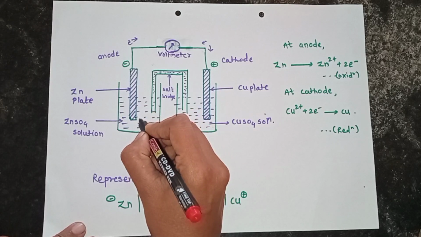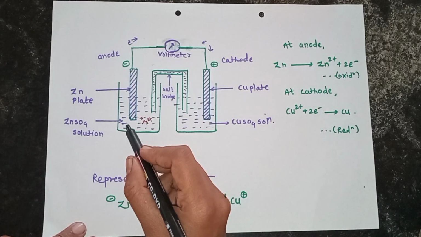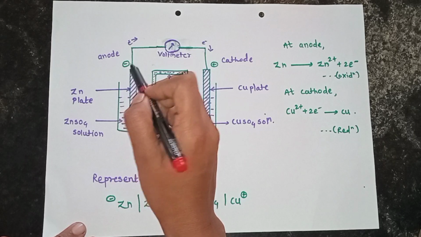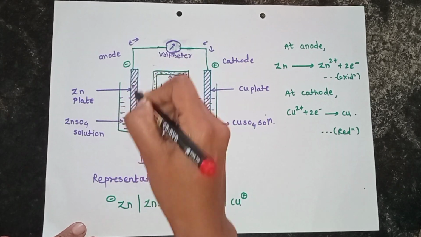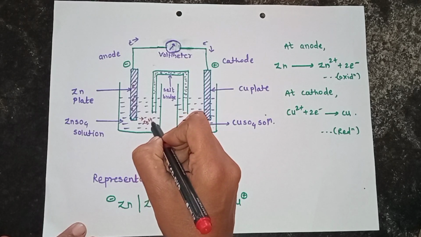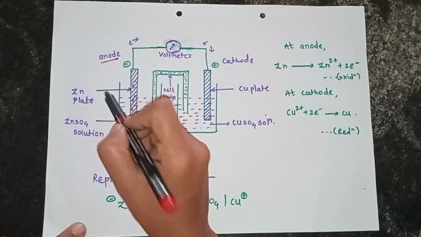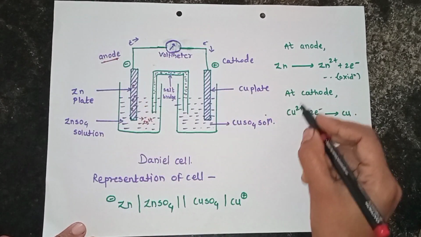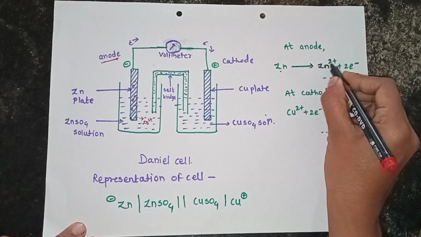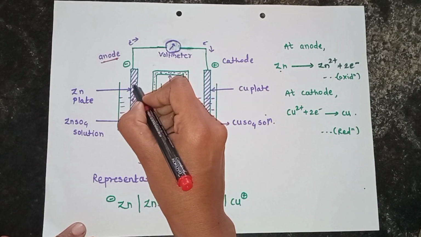Zinc produces its ions in the solution and acts as an anode, because the electrons are left on the plate and ions are produced in the solution. The reaction at the anode is that zinc produces Zn2+ ions in the solution and leaves the electrons on the plate.